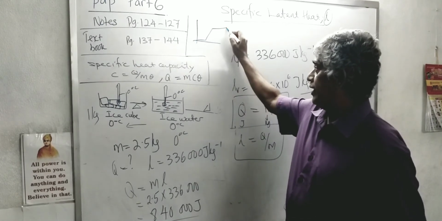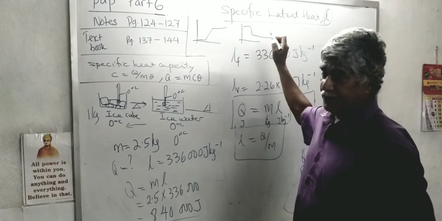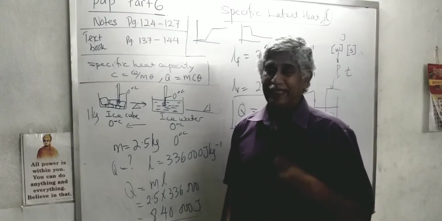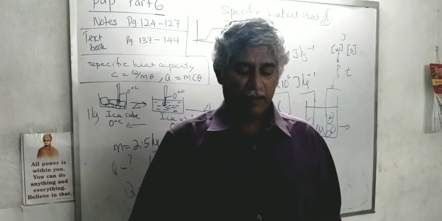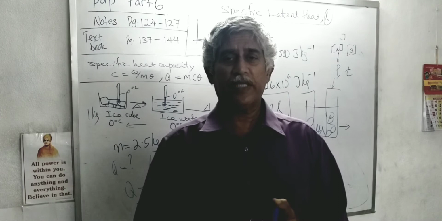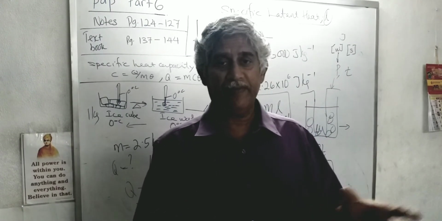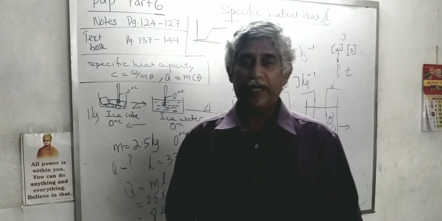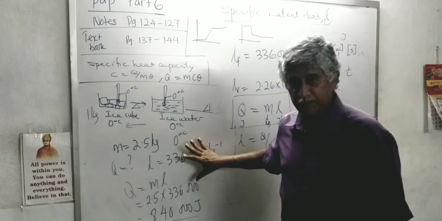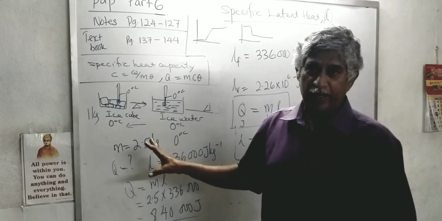If you cool it down, of course the curve will go the other way. All this we will discuss, and the application in daily life about latent heat. Maybe once the school starts, I might go through some of the abstract ideas again during the class. So for today, we just understand the concept, and then the application of the formula and understanding.